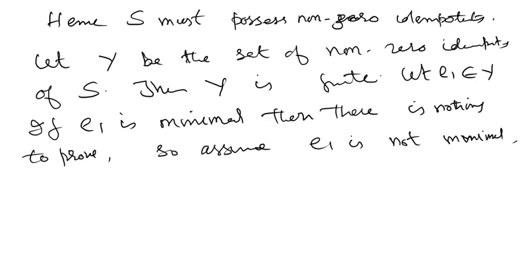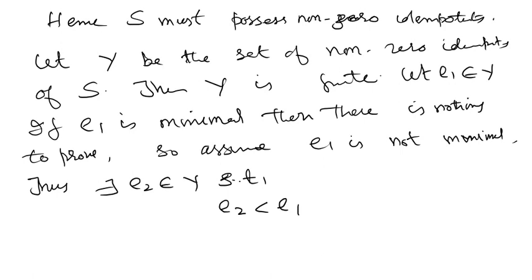So there must exist E2. Thus there exists E2 in Y such that this E2 is less than E1. Again, if E2 is minimal then there is nothing to prove, and so assume that E2 is not minimal. We can always find E3. If E2 is minimal, then there is nothing to prove.